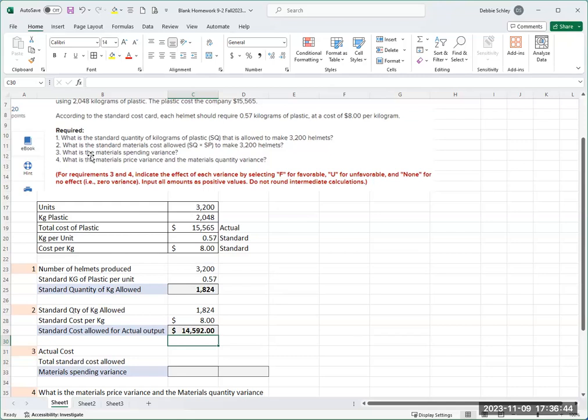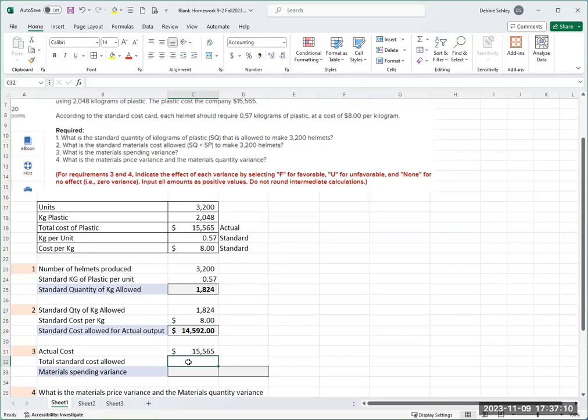Required 3, what is the material spending variance? Okay, so they told us our actual cost, so I don't have to figure that out. That would normally be the first one in that cute pitchfork picture. That is the actual quantity times the actual price, but they gave it to us in a total.